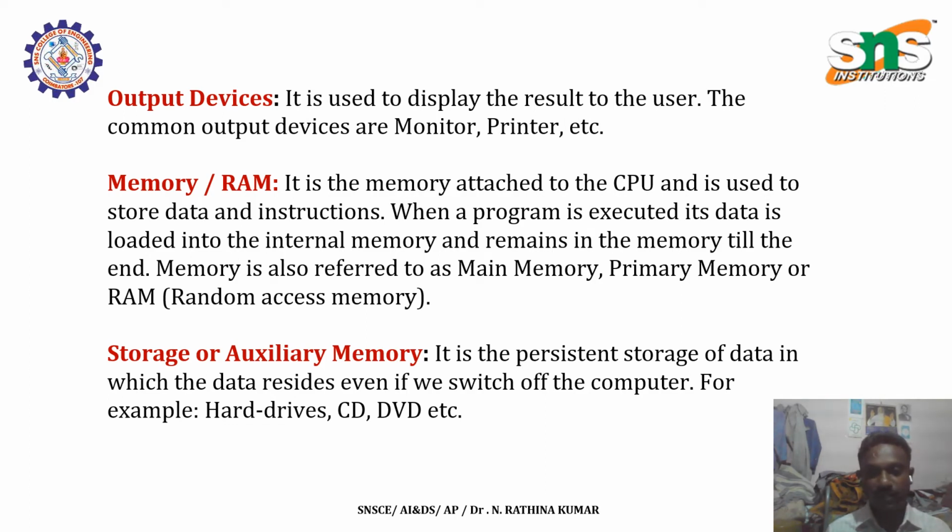The secondary storage device or auxiliary memory is larger in size. Also, if the computer is switched off, the data stored in primary memory gets lost. But in auxiliary memory or secondary storage, even if the computer is switched off, the data remains permanent.